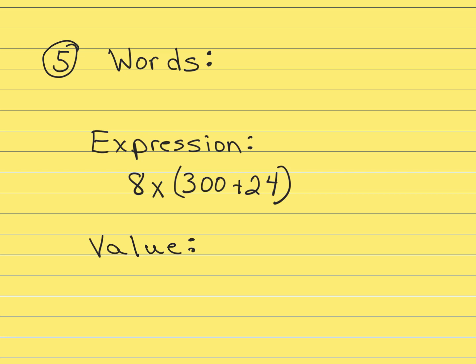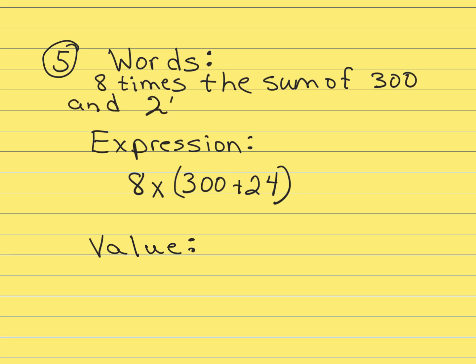So you just put in 8, write the word times, 8 times and you're adding the sum of 324. And the value is just the value of the expression when you add these two and multiply.